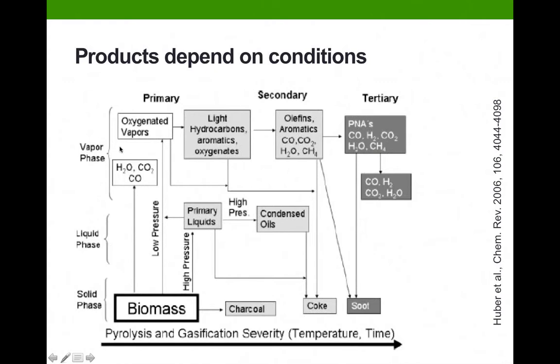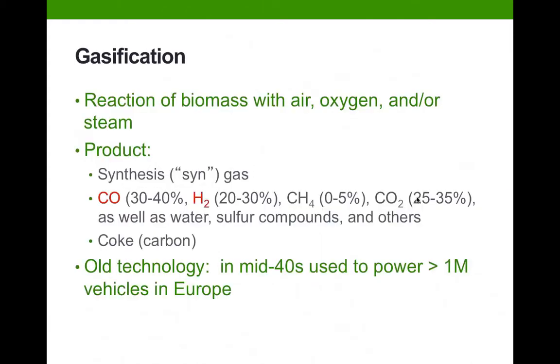We get some liquids and we get some gaseous molecules. And so the goal in gasification is to have it be at a high temperature for long enough that we get this set of small gas molecules. And we get some others as well, but mainly we want those.